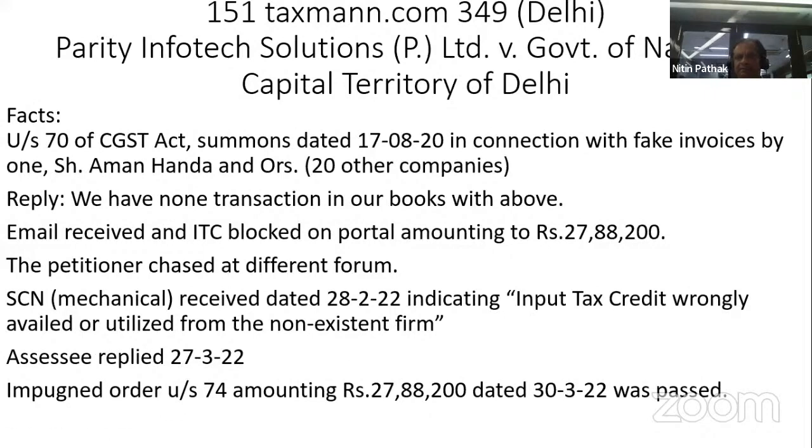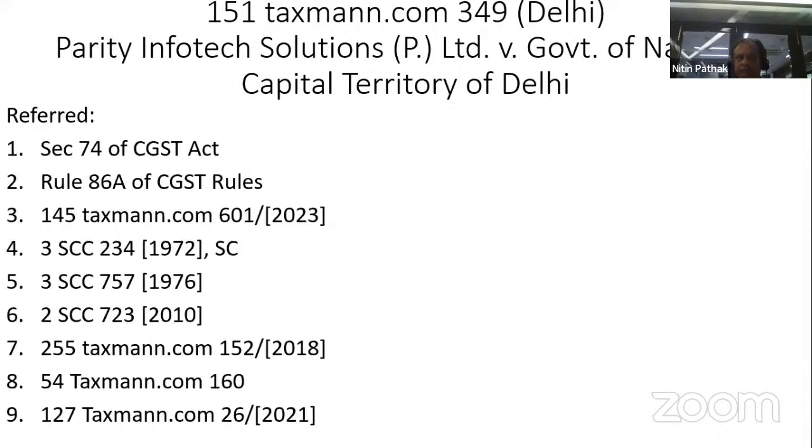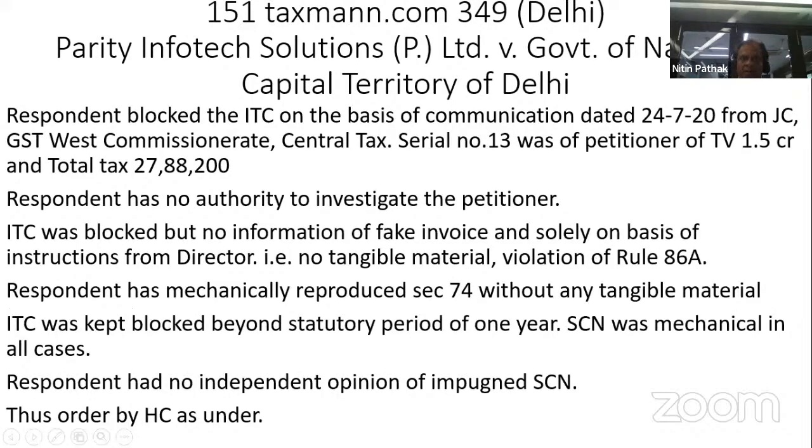Hence, the respondent blocked ITC on the basis of a communication received on 24th July, on the basis of information received from the Joint Commissioner, GST West, with a tax value of 1.7 crore out of a total tax of 27.80 crore.